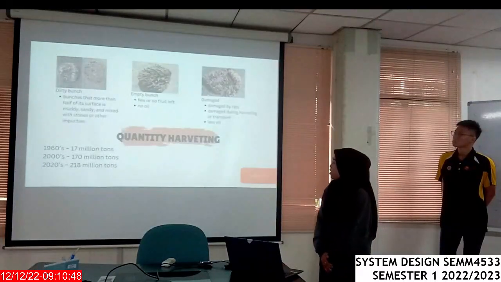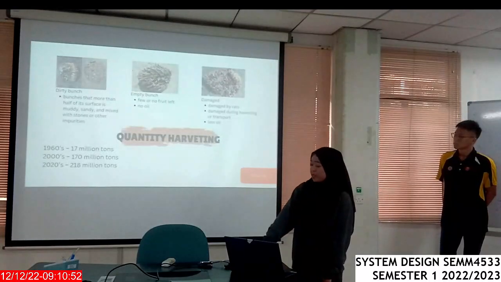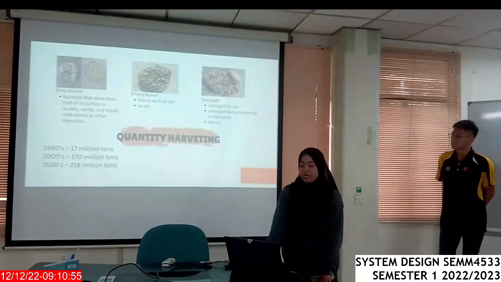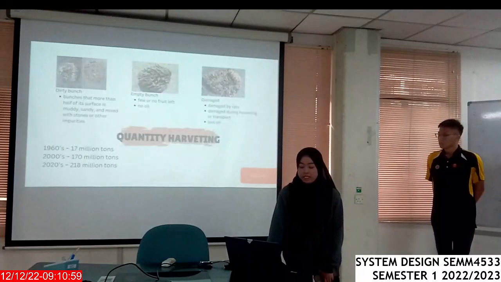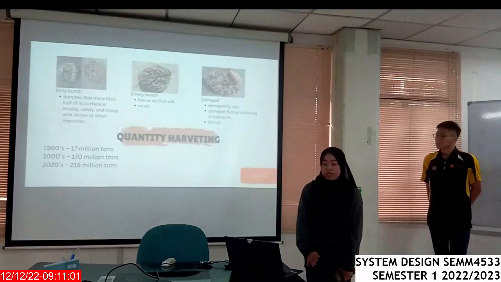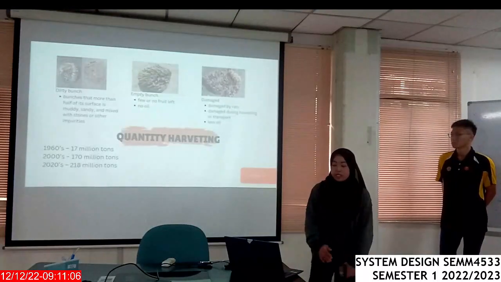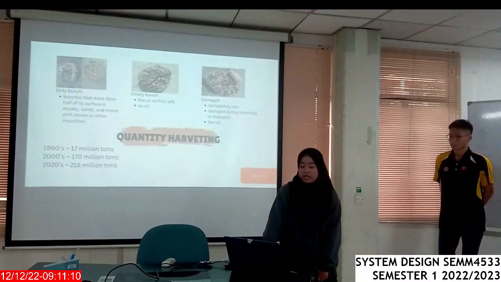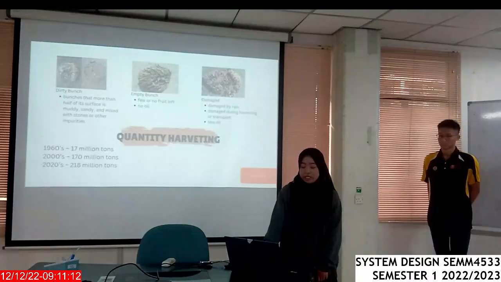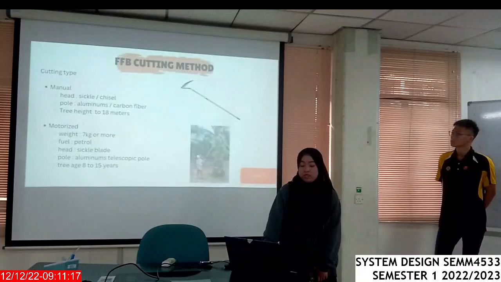For the quantity harvested, we can see that from 1916 to 2020, the requirement for oil palm FFB has increased more and more over the years. This is the cutting method.